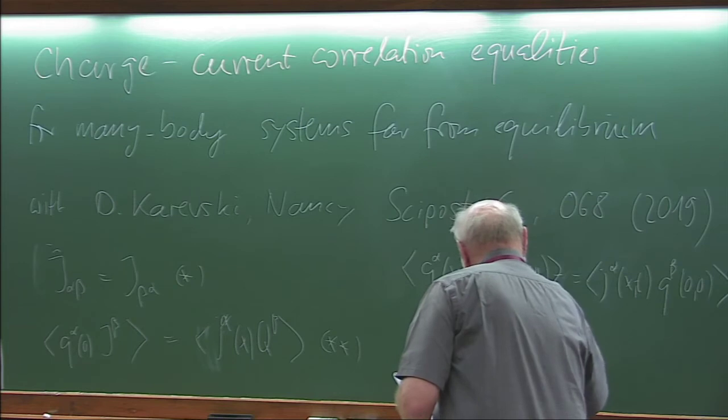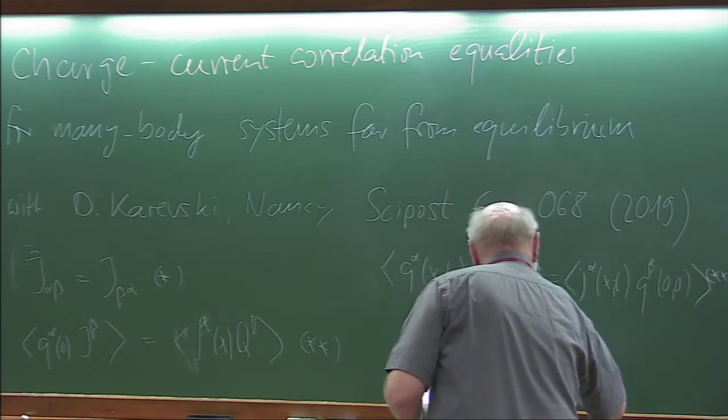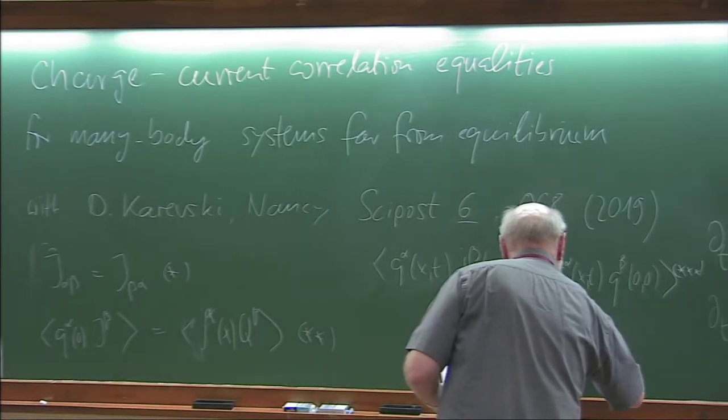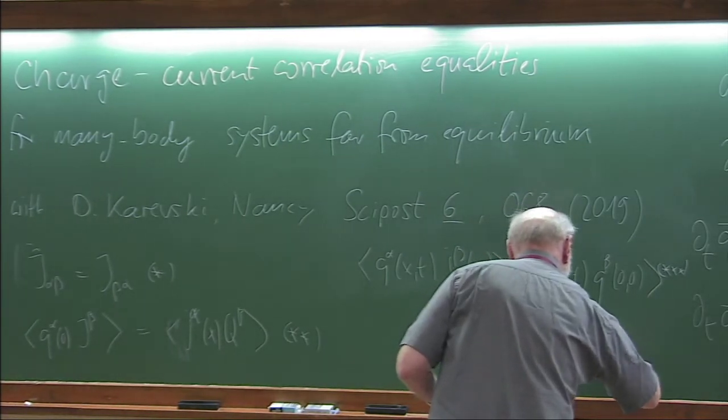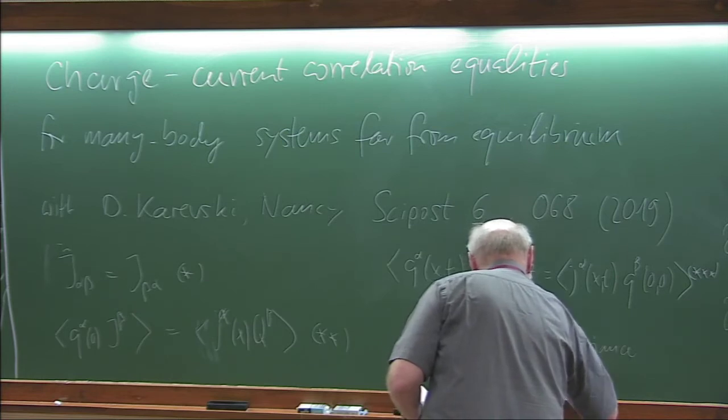So really the most important point is translation invariance and some assumption on decay of correlations, which I will specify.